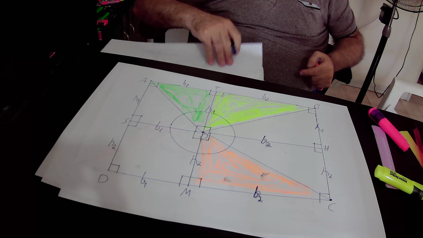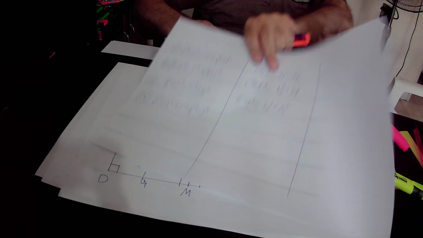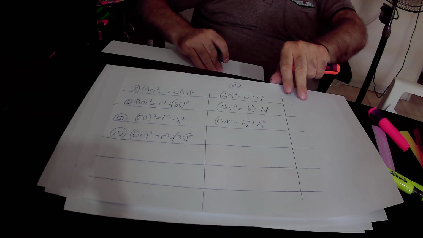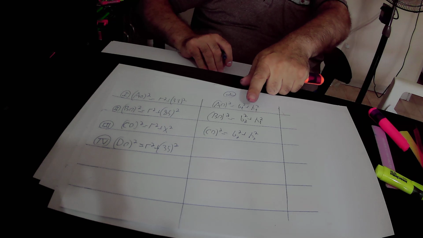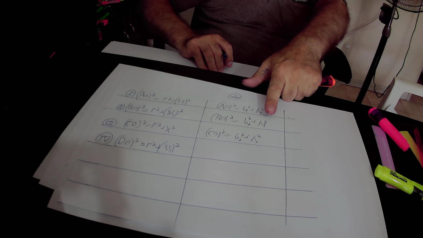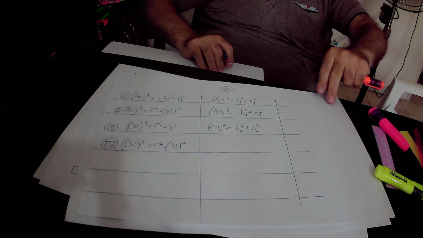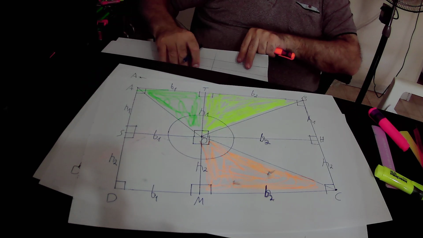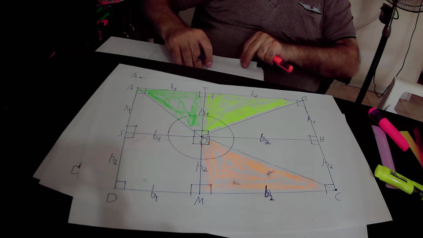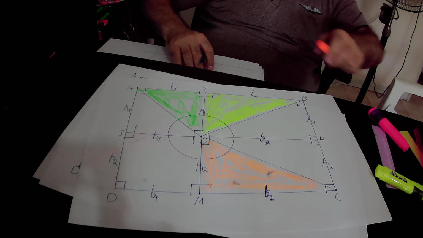I'll repeat again. In the orange triangle OCM, according to the Pythagoras theorem, CO square equals B2 square plus H2 square. And finally, we join points O and D together by a straight line.